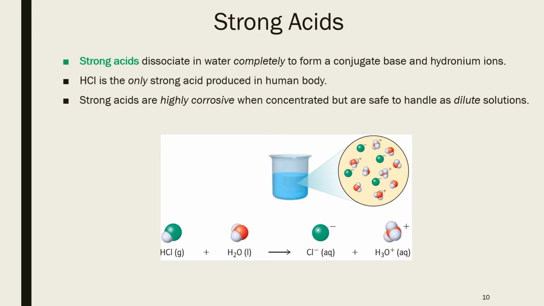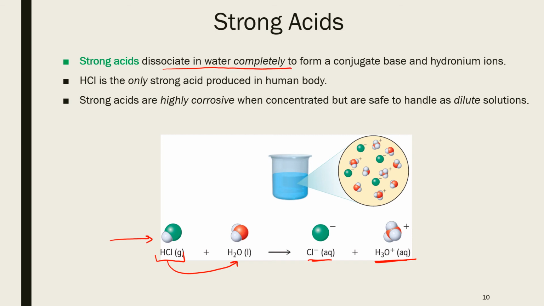Strength of an acid is measured by the extent to which the acid donates a proton to form hydronium ions in water. For example, in this case, an equation for dissociation of HCl in water is shown, and we can see here that HCl donates a proton to water and it forms hydronium ion as well as its conjugate base. Strong acids are those acids which dissociate in water completely.